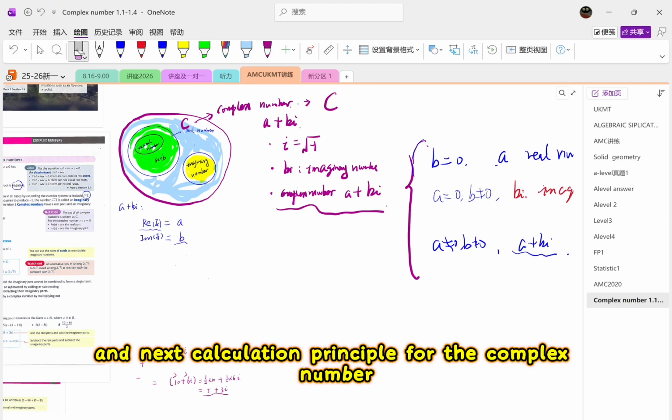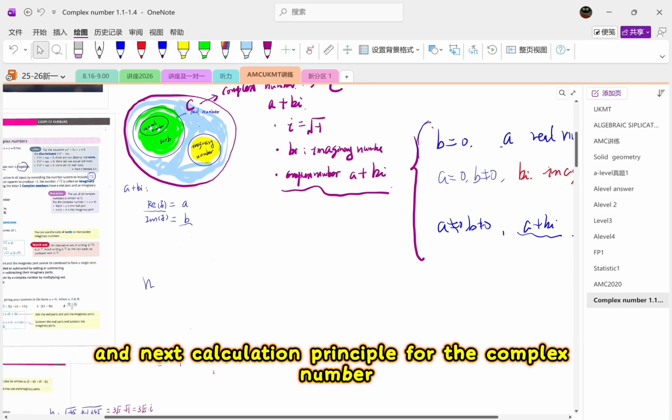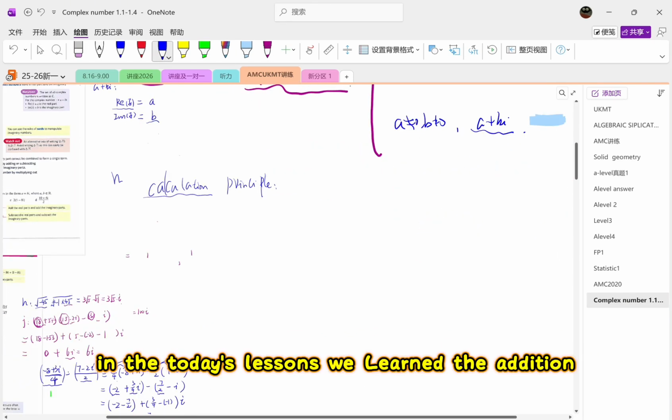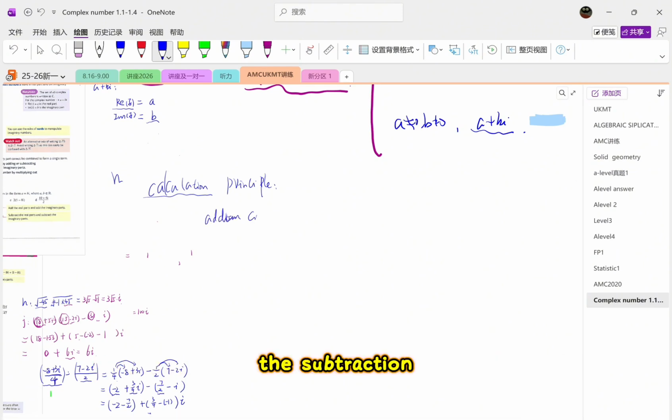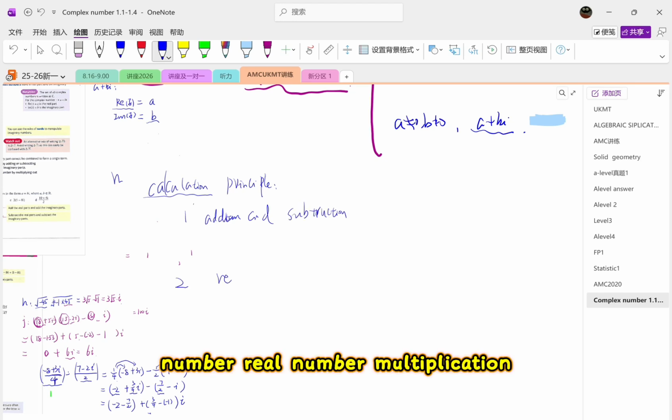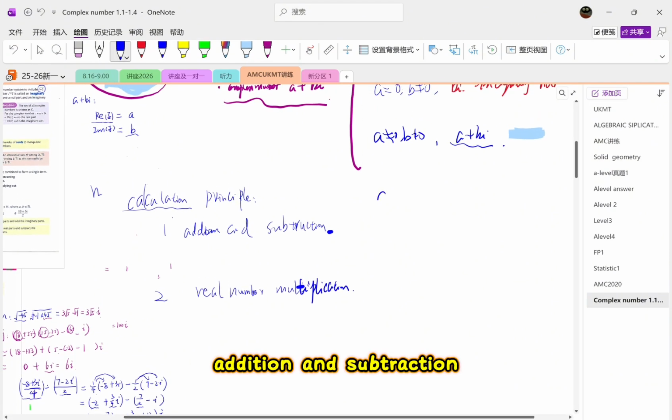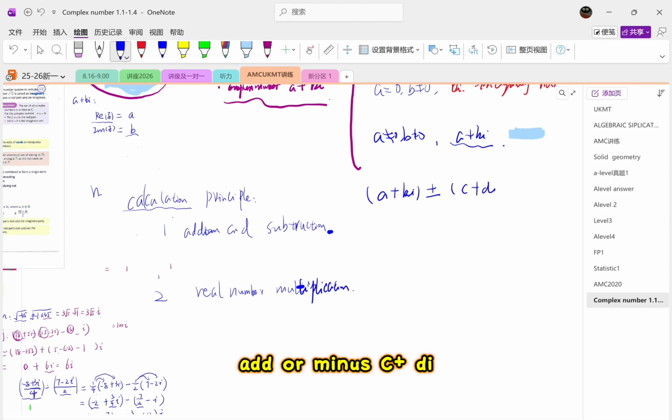And next, calculation principles for complex numbers. In today's lesson, we learn addition, subtraction, then real number multiplication. Addition and subtraction: a plus bi plus or minus c plus di.